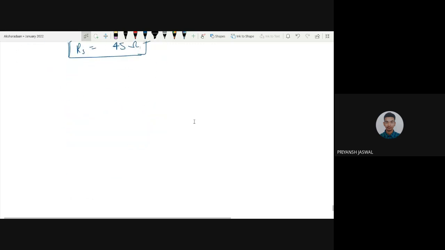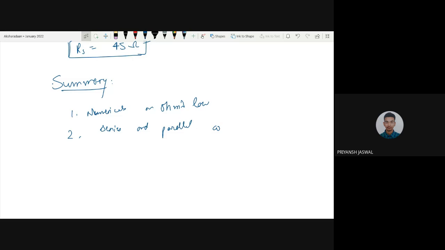Let me quickly summarize what we studied. First, some numericals on Ohm's law. Second, series and parallel combination of resistors.